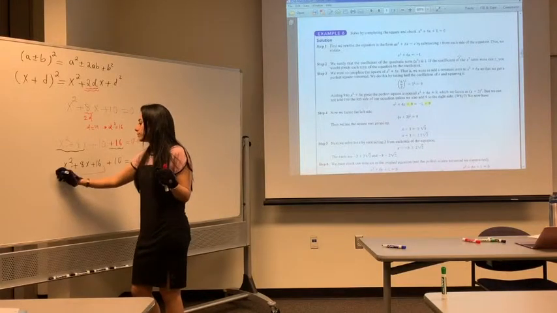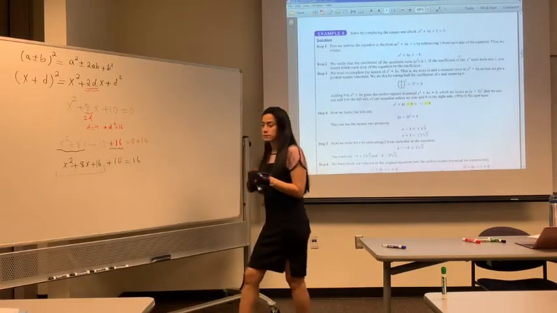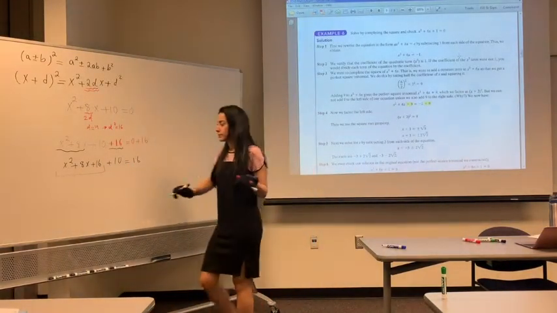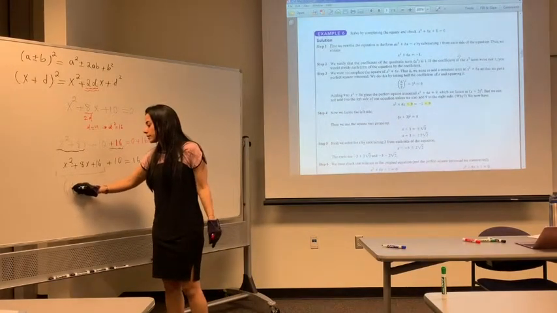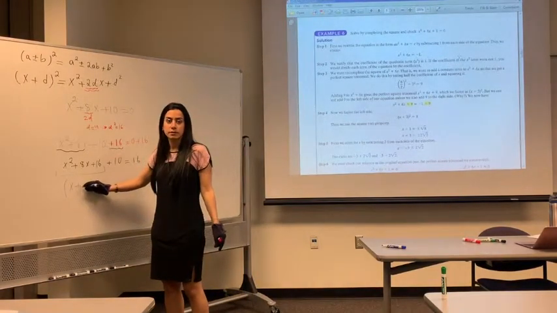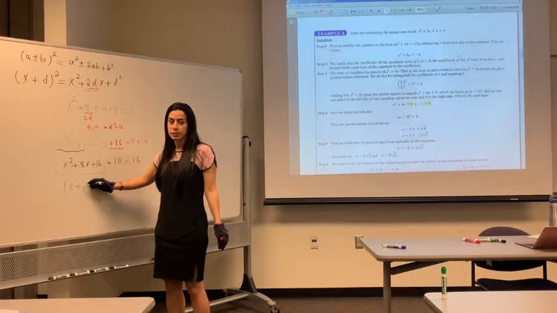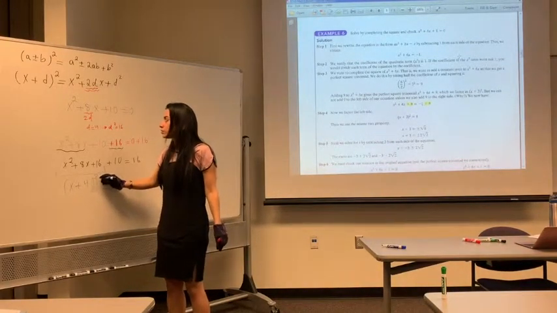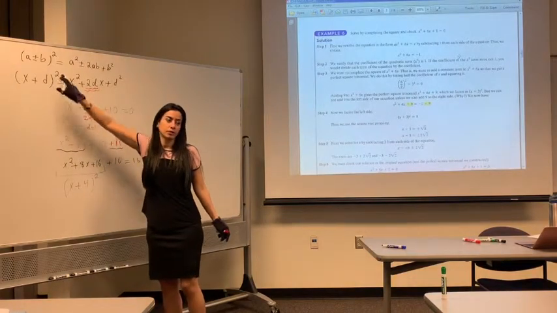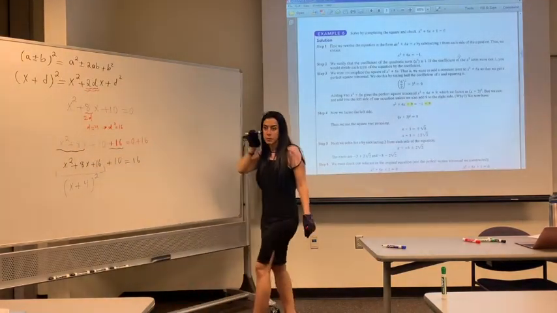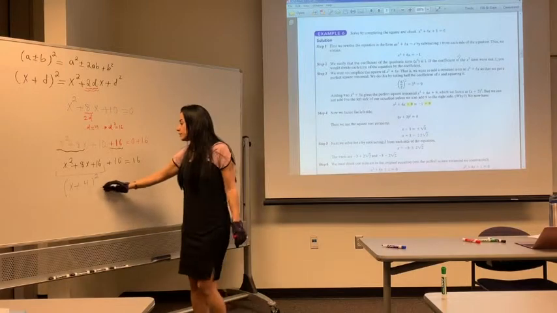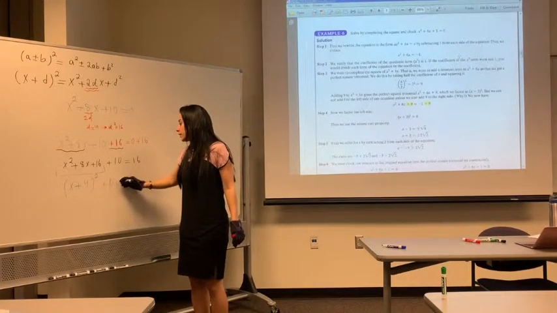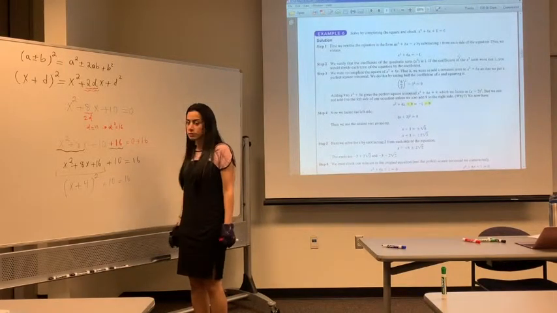Now we know this one. This one is (x plus d), which is 4, power 2. x plus d power 2. Correct? And the rest of the numbers 10, 16.